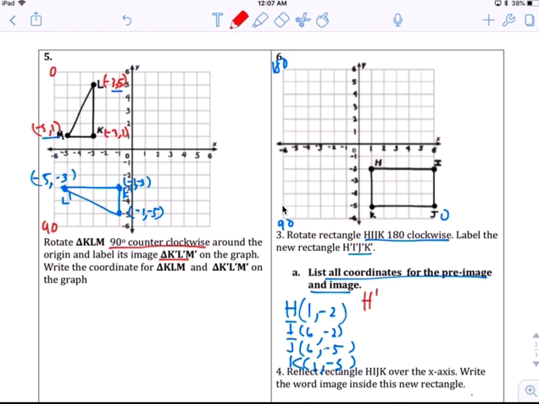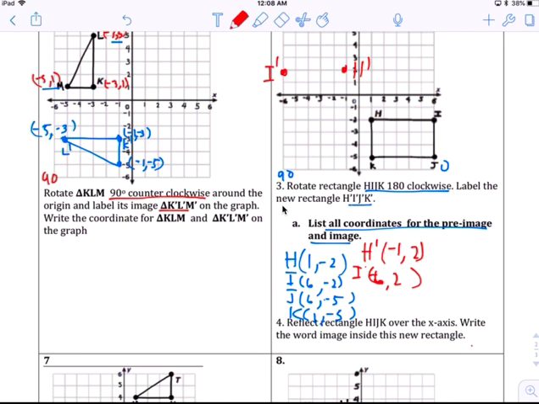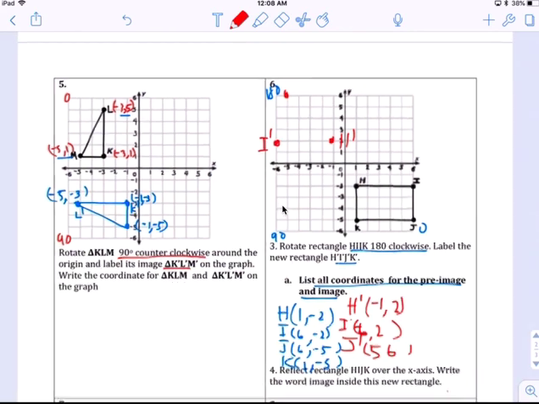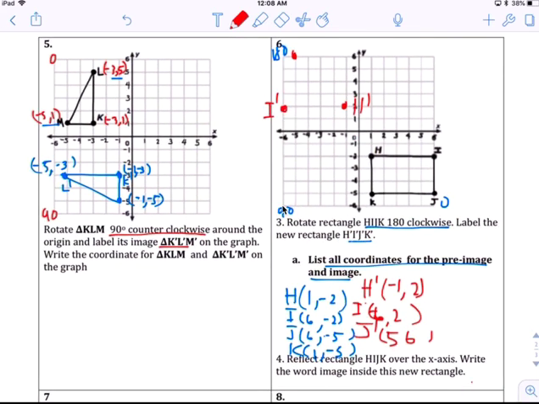So H prime comes 1, 2, negative 1, 2. I prime 6, 2. So 6, 2, negative 6, positive 2. 6, 5 becomes 5, 6. Uh-oh.